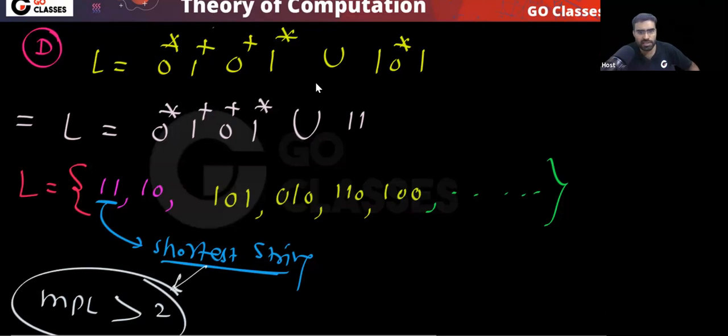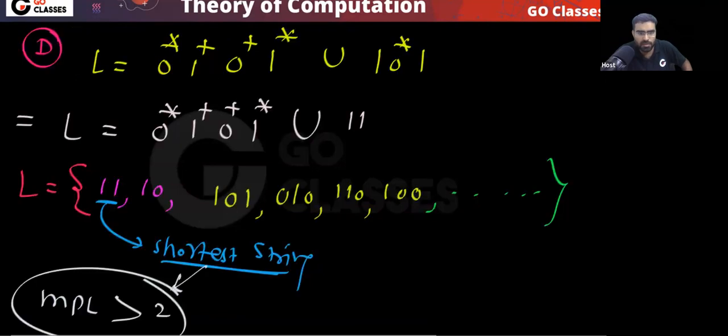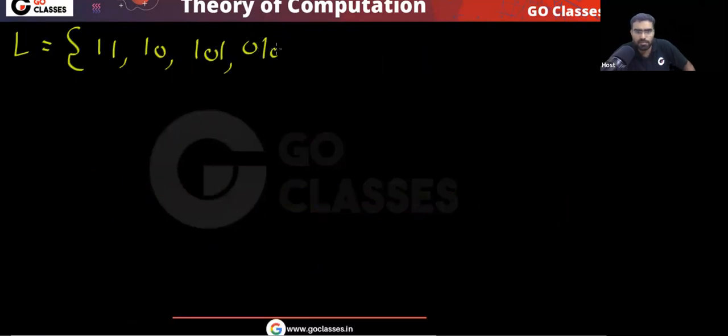So let's start with 3. Tell me about 3. Will it work? Remember, your language was 11, then you have 10, then 101, 010, 110, 100, and so on.